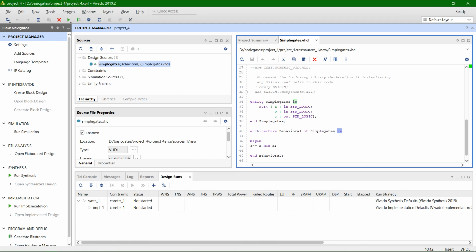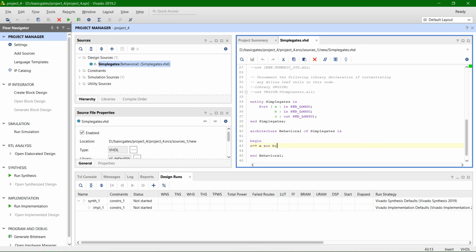In the begin statement, I have simply given my two inputs which I already defined in my entity, which were A and B, and the function I want to perform with my A and B inputs is the XOR of A and B. In the entity portion, I defined the output port to be C. So I am assigning the XOR of A and B to C with the help of this assign function.